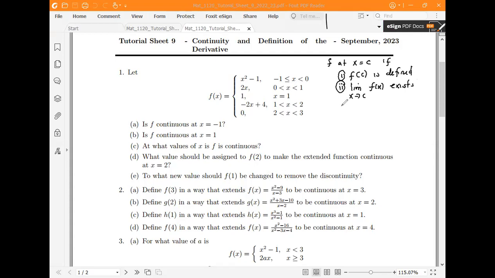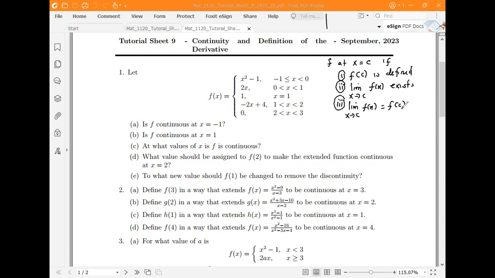And third, the same limit as x goes to c of f is actually f of c. So when that happens, then you say the function is continuous. Remembering that the limit will exist if and only if the two side limits are equal. So that's the most key thing there.